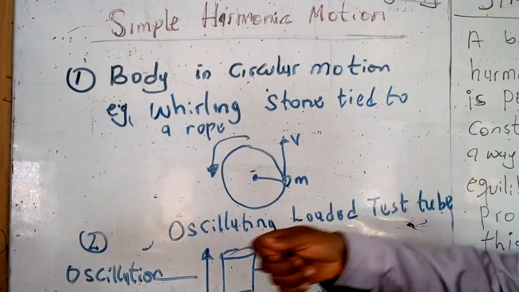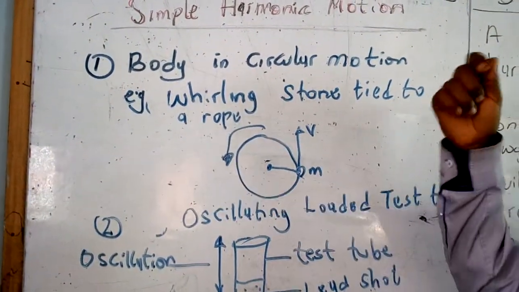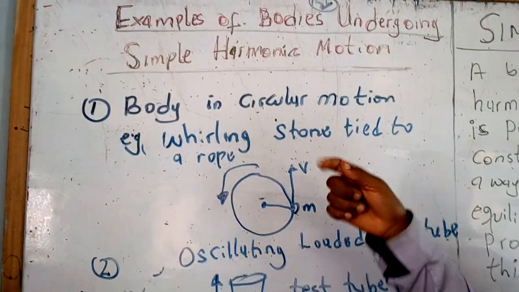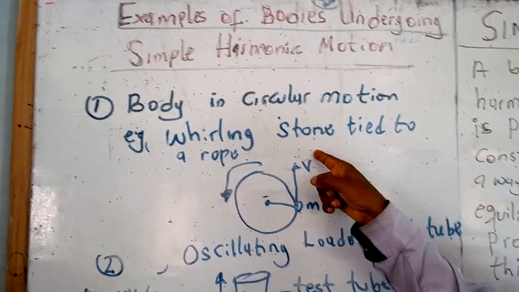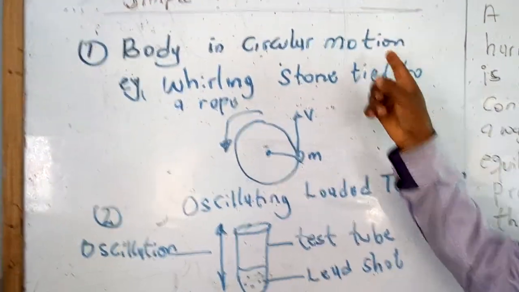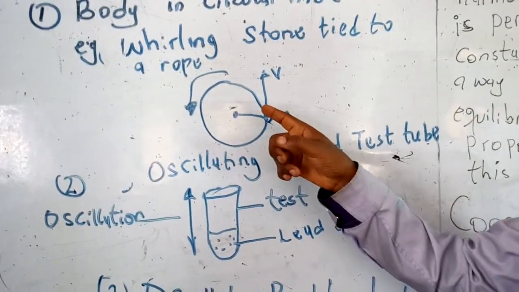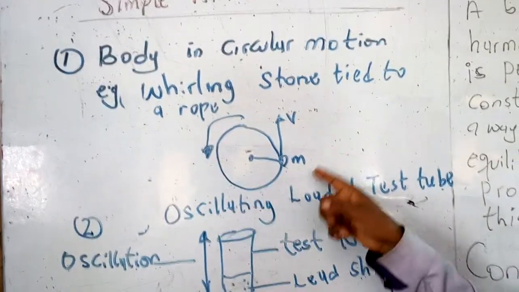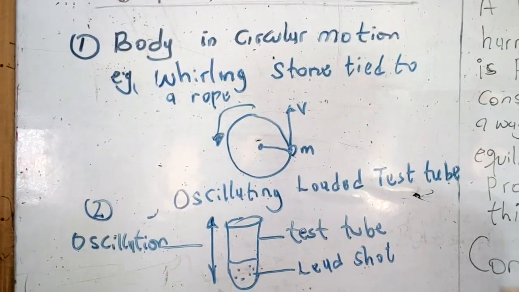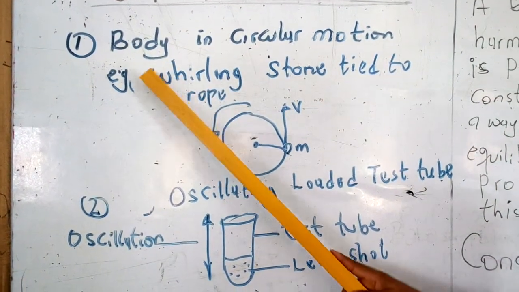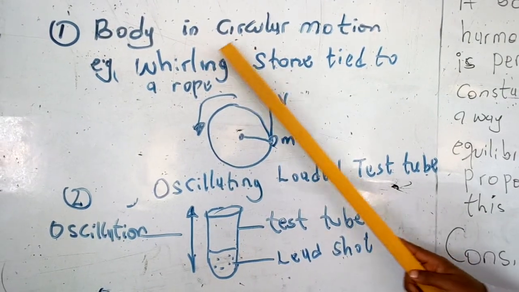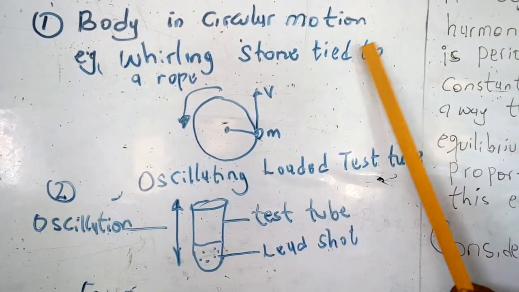That circular motion is an example of simple harmonic motion, because the movement is periodic and the timing of the movement is also periodic. So one example of a body undergoing simple harmonic motion is a body in circular motion.